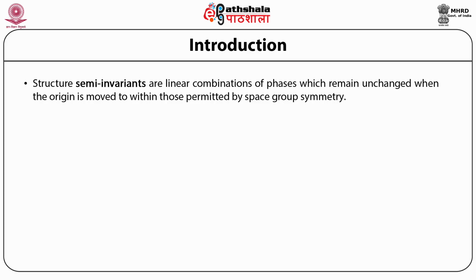If you have a 2-1 screw axis, again it is convenient to keep the origin on the 2-1 screw axis. If two 2-1 screw axes are intersecting, it is convenient to keep the origin at the intersection point. Which means that when you talk about these symmetry elements, the number of possible origins becomes restricted. So within these restricted origins, the linear combinations remain invariant. That is why it is known as a semi-invariant.